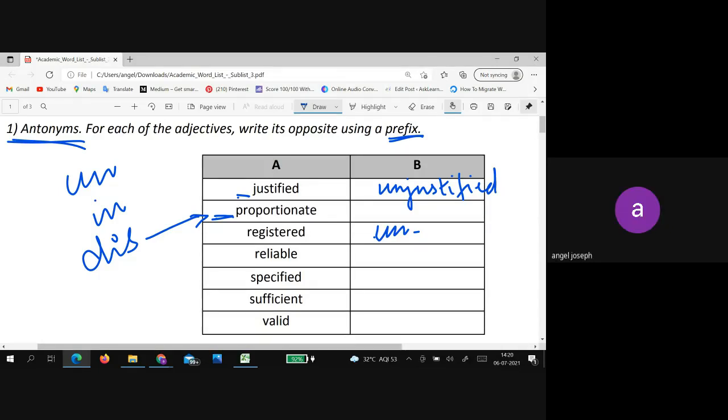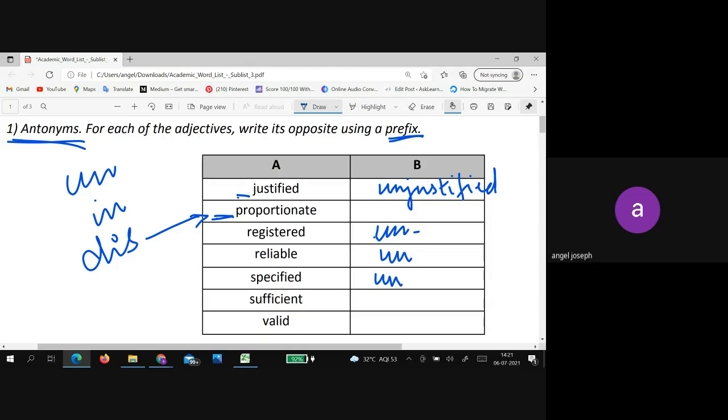Unreliable. Good one. Look at the next one. Specified. These are all simple. Unspecified. The same prefix will come.